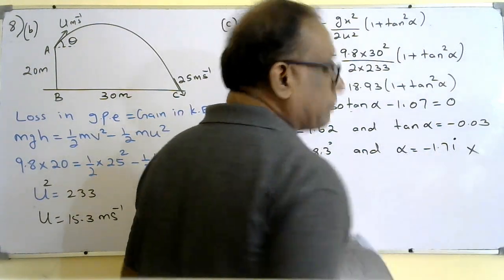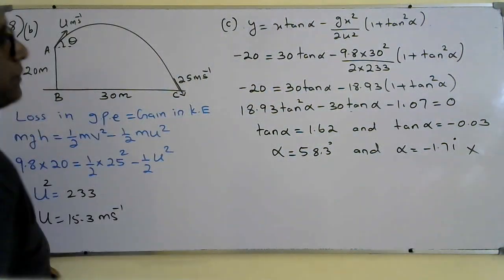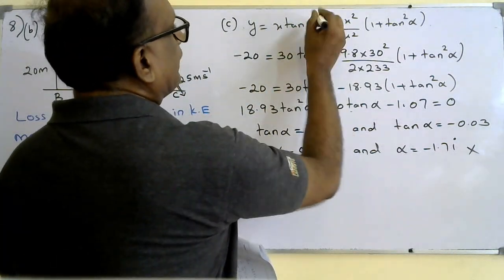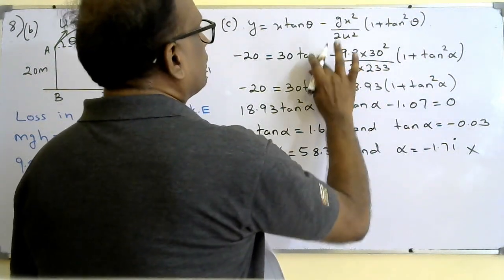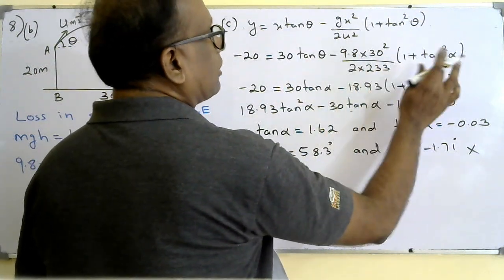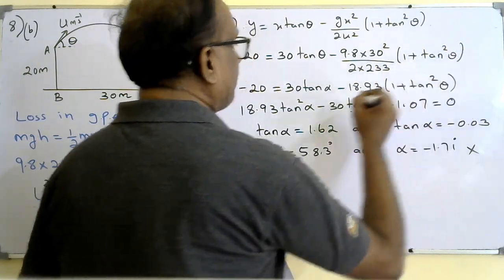So this can't be a negative answer. I'll keep it as alpha, but it's theta, it doesn't matter. The only thing is I need to put theta here. They use theta, I used alpha, so change everything to theta. That's all. I only need to change the notation because they gave theta there.